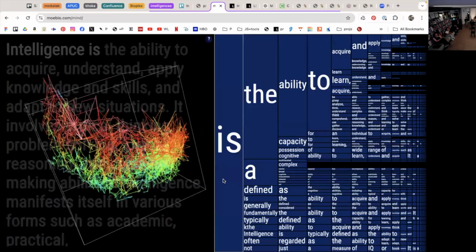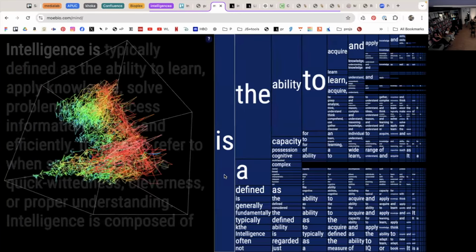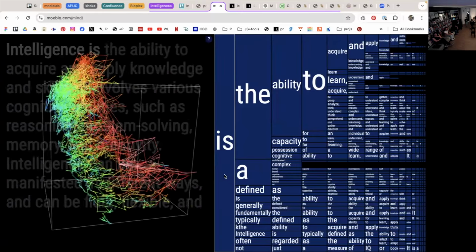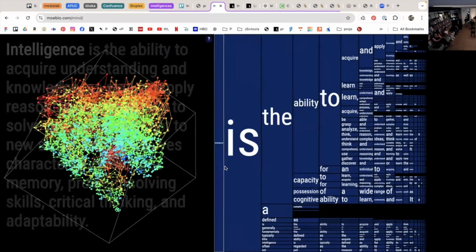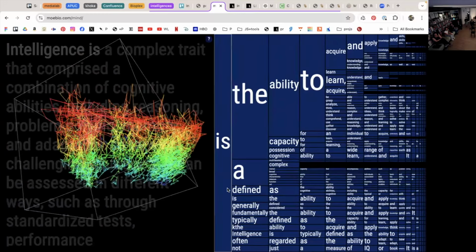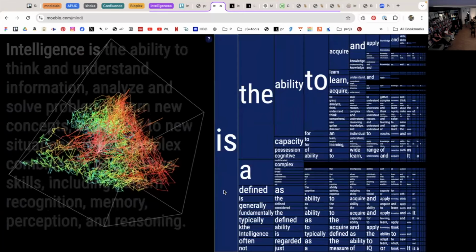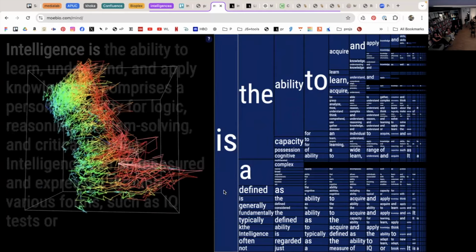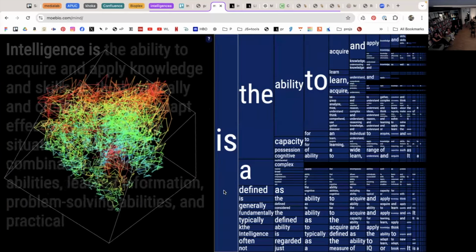So "intelligence is", and then what happens is that now more than half of the paths are "intelligence is the", but let's say a big chunk of the other part is "a", and then "define", and this distribution here is actually the temperature of the model. So if I assign 0 temperature, it will always be the same sentence.